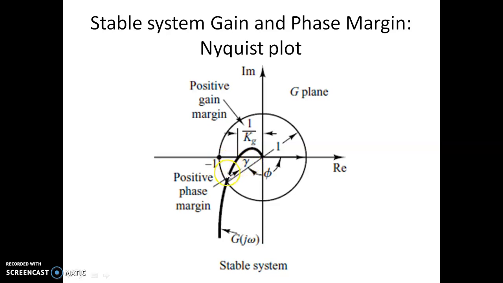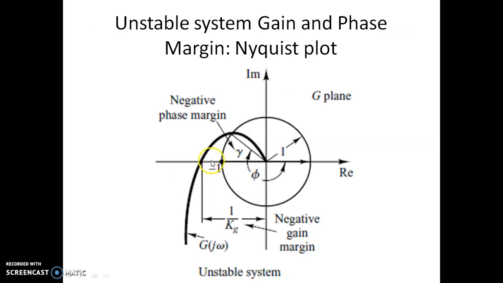So you can see this gamma is the positive phase margin. Similarly, this is also more than 1, so this is also positive. We want positive gain margin and phase margin; then the system will be stable. Here, the phase at omega GC happens to be more than minus 180, so the phase margin is negative. Suppose this angle is minus 200 or minus 220.